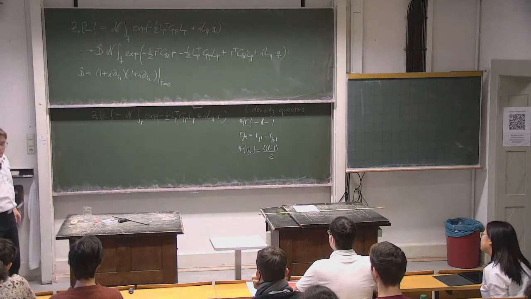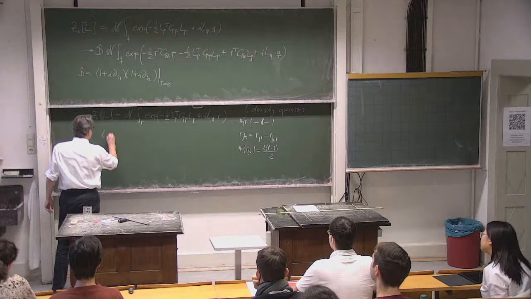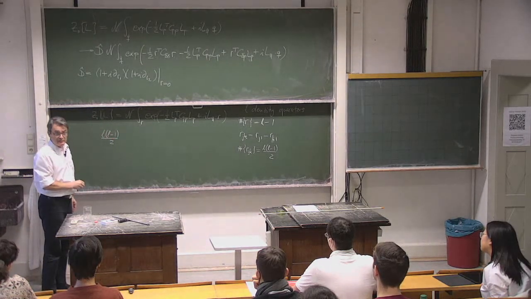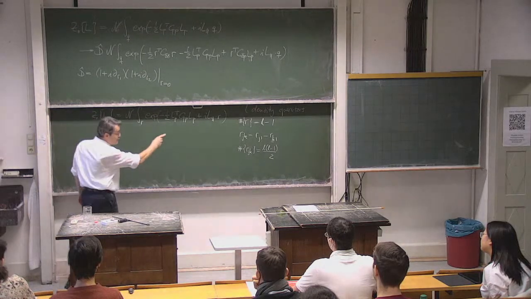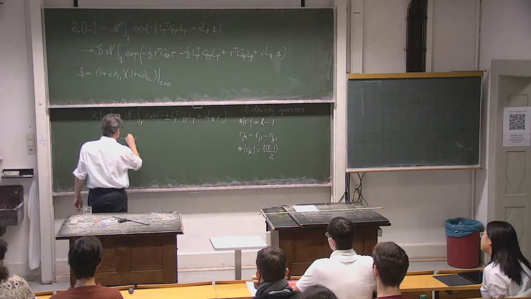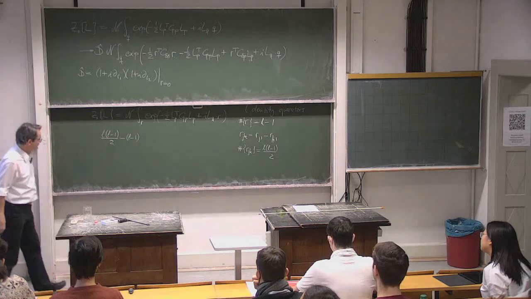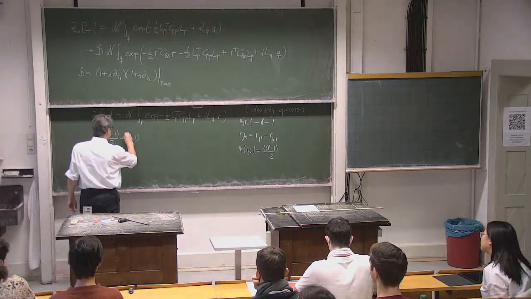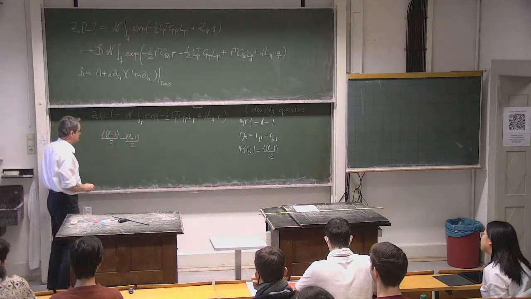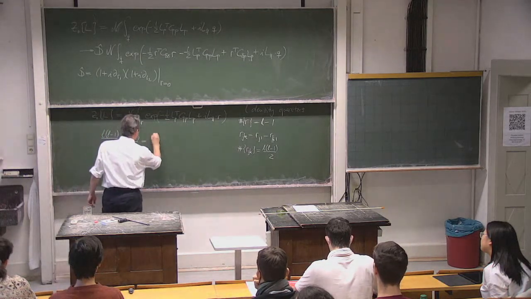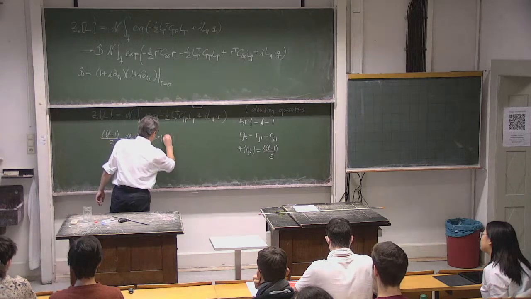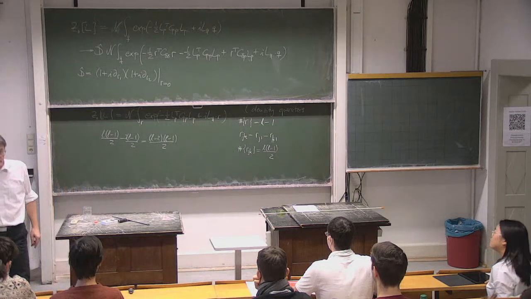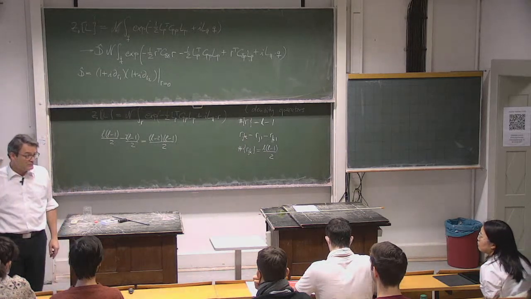Then how many new coordinates do I need? I want to have L times L minus 1 divided by 2. I do have these. So I need L minus 2 times L minus 1 divided by 2 new coordinates.